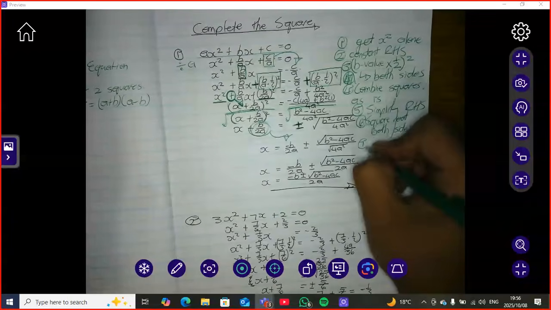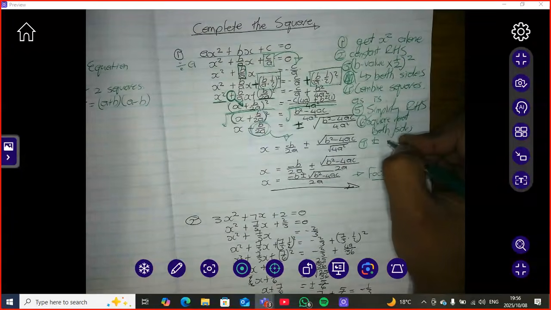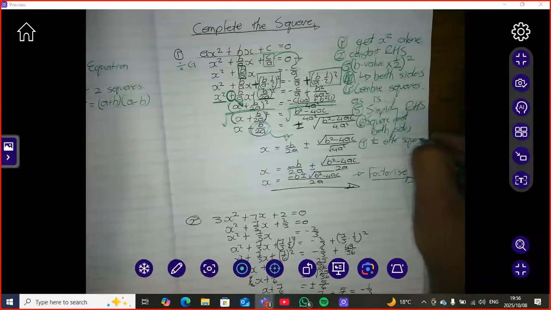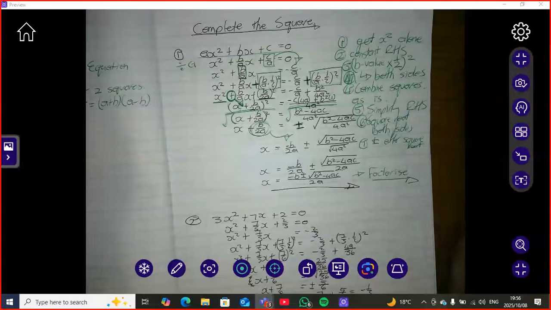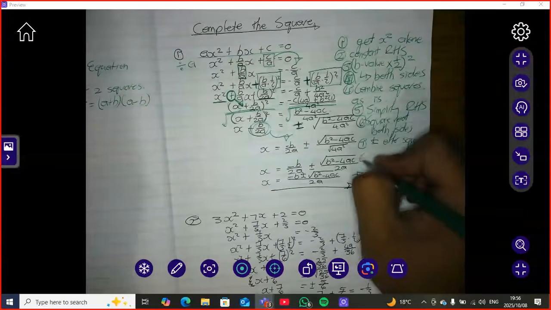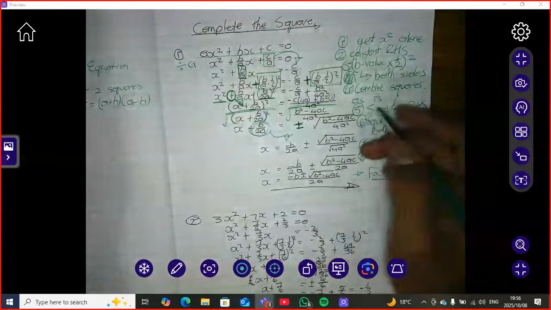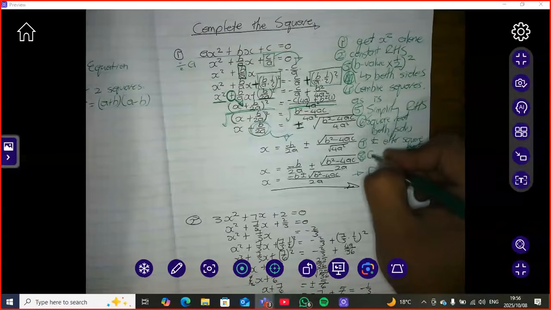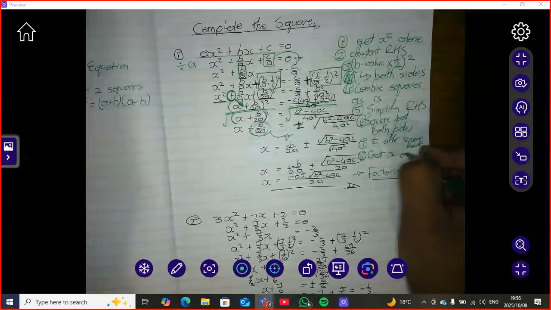And then don't forget the plus or minus after your square root. Then the last step is to take over, or get x alone. Yeah, get x alone.